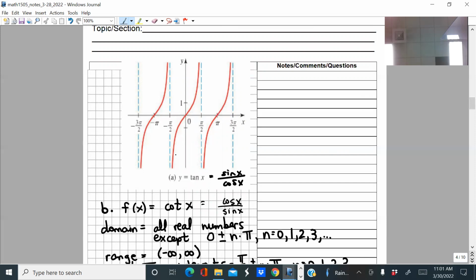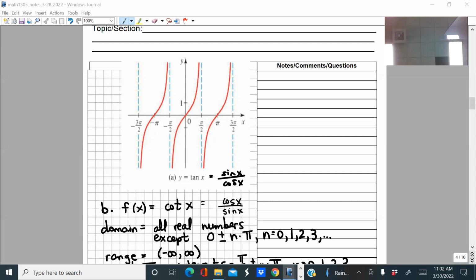See, this branch is 1 cycle, although it's really not oscillating because it's always increasing, right? But this counts as 1 cycle of the tangent function. So how long is that cycle? It stretches from minus pi over 2 to pi over 2. That's a length of what? That's pi, right?